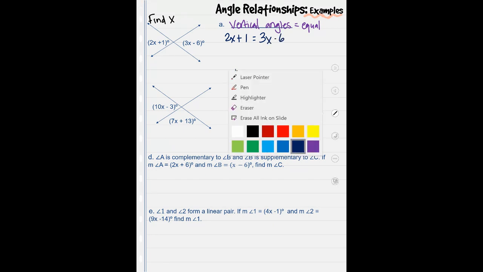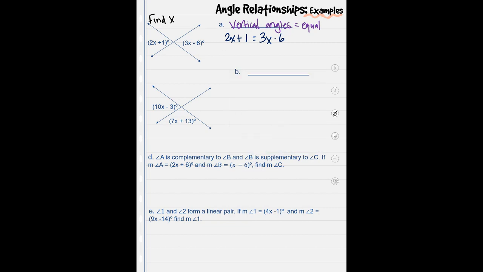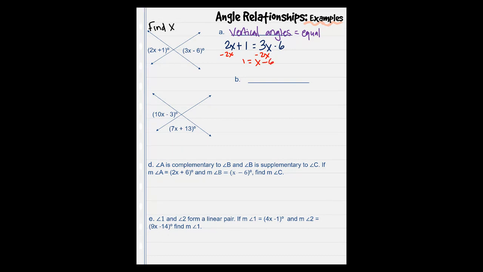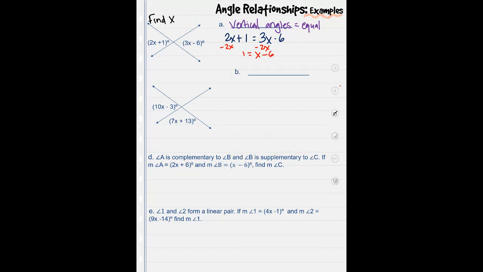Got to get x on one side by itself. So let's move my 2x over by subtracting. Minus 2x, that leaves me with 1 equals x minus 6. Still trying to get x on one side by itself. We're subtracting 6, so I can add 6 to both sides, and x equals 7. That's what our problem asked us for. So that is our final answer.